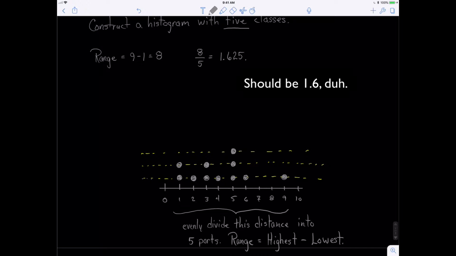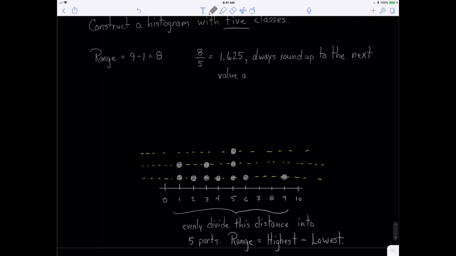Now, right off the bat, this is a problem. The problem is that if we use 1.625, then it's hard to figure out where to start and where to put each marker to divide these into groups. So here's what we do for a workaround. We always, I'm going to put comma, always round up to the next value as the data.